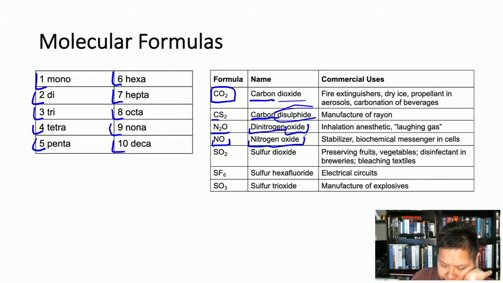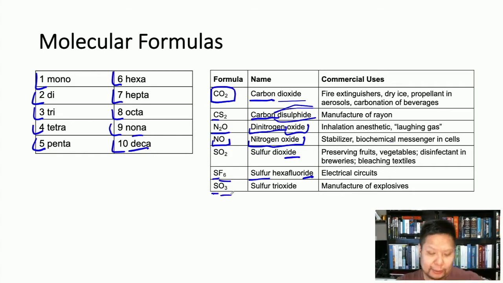So the second element involved always still has the "ide" at the end, right? But it's really easy to name them because you just use the Greek prefix for each of the numbers. So sulfur here, there's one of them, so it's just sulfur, and there's six fluorides, so sulfur hexafluoride, and then one sulfur there, three oxygens there, sulfur trioxide.